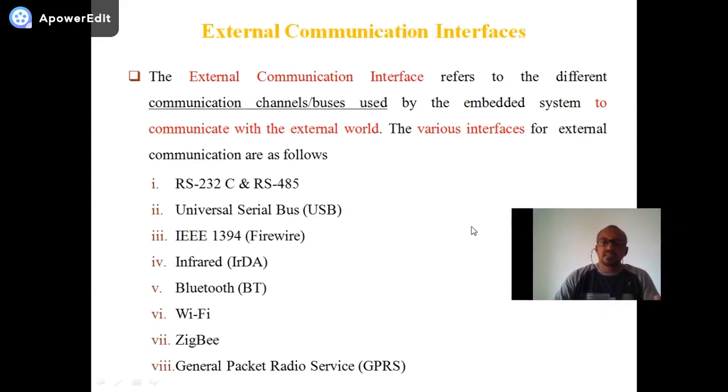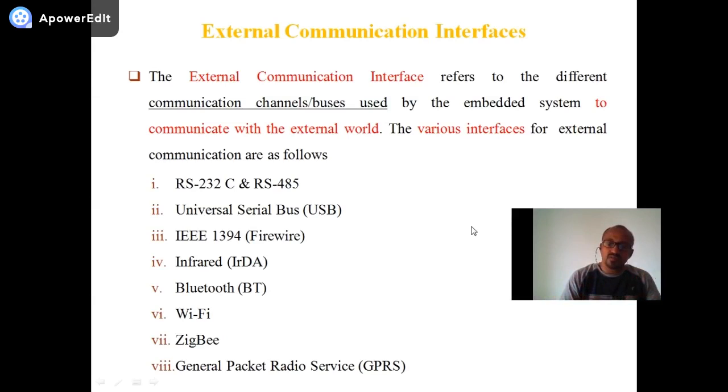The next section, the type of communication interface, is the external communication interface, also called the off-board communication interface, or you can say embedded device to embedded device communication between two separate PCBs.